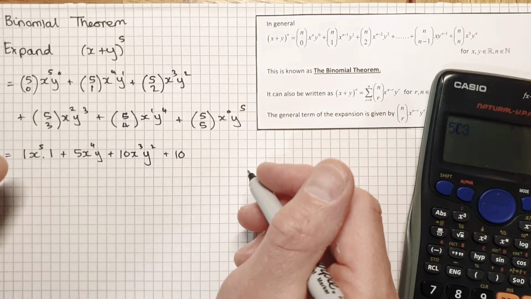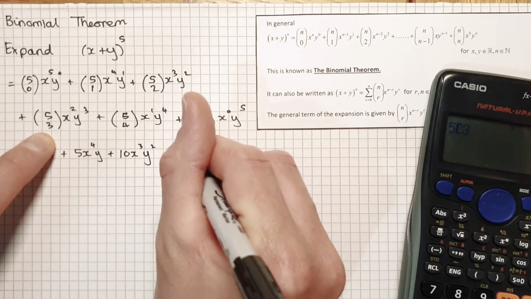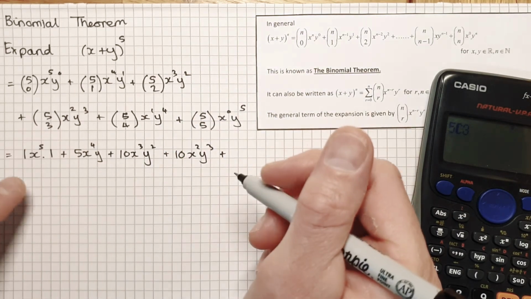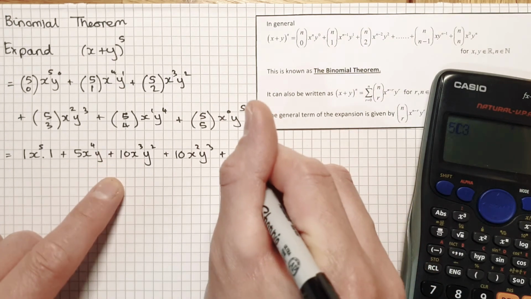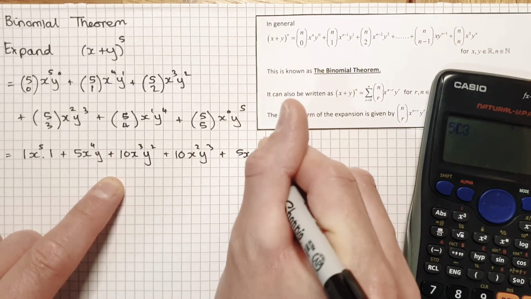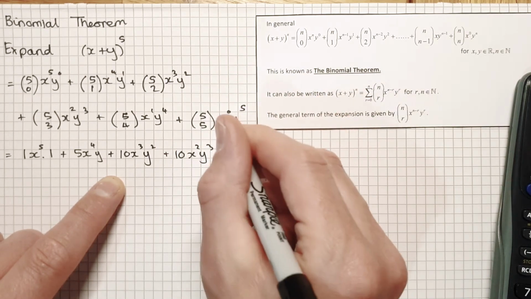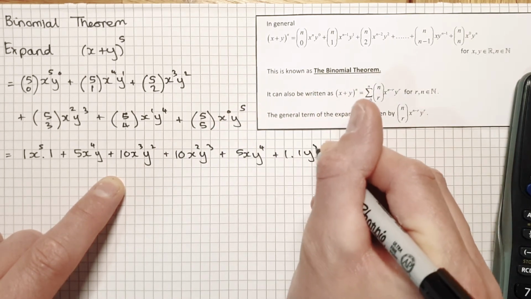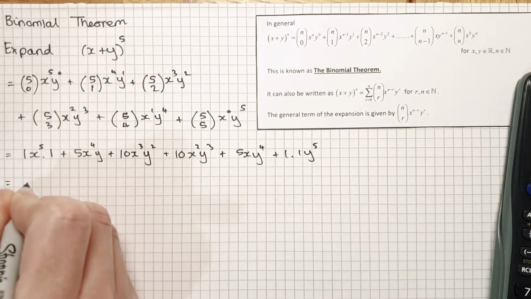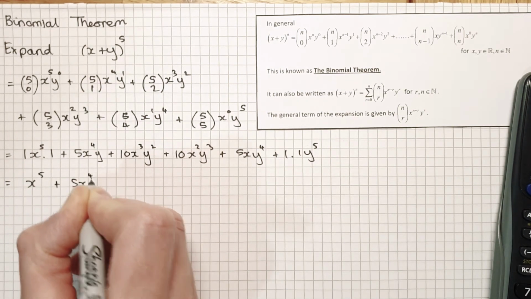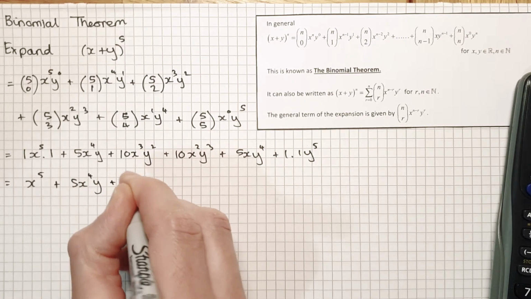So this is going to be this one here, so it's 10x squared y cubed, and I know the next one's going to be 5 because I know the symmetry of it, so it'll be 5x y to the 4, and then plus 1, and then x to the power of 0 is just 1, y to the power of 5. So just tidying all that up, x to the power of 5 plus 5x to the power of 4y, etc.